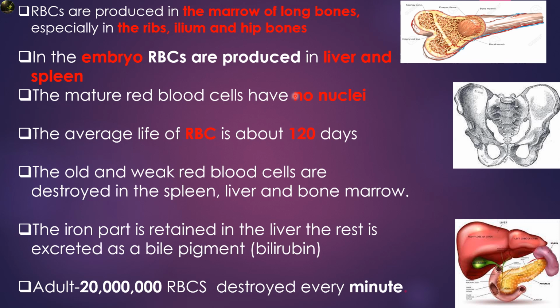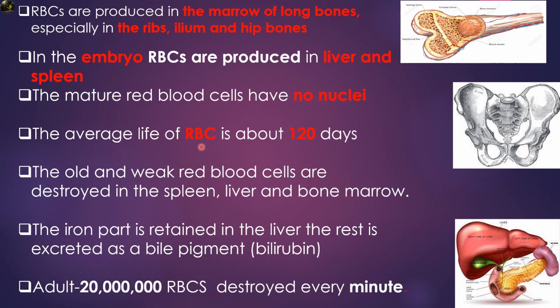The mature red blood cells have no nuclei. Why is there no nuclei? Because of the absence of nuclei, RBCs can carry more oxygen.